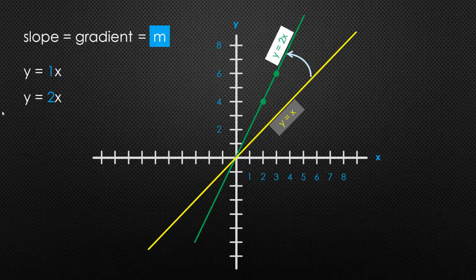How do you calculate that? For calculation of the gradient, we calculate the change in y divided by the change in x. That is the change in the y-axis from 6 to 4, and the change in the x-axis from 3 to 2. So this gives us 6 minus 4 over 3 minus 2, which equals 2 over 1, and the answer is 2. So that 2 represents our gradient.